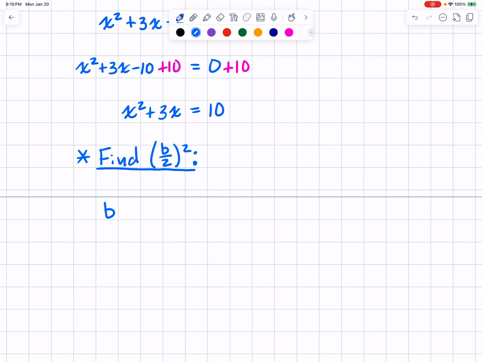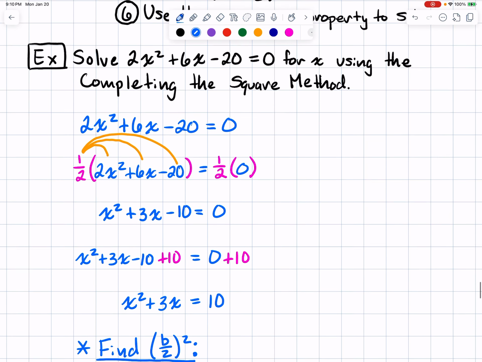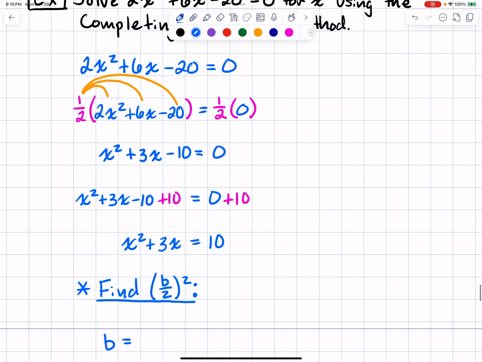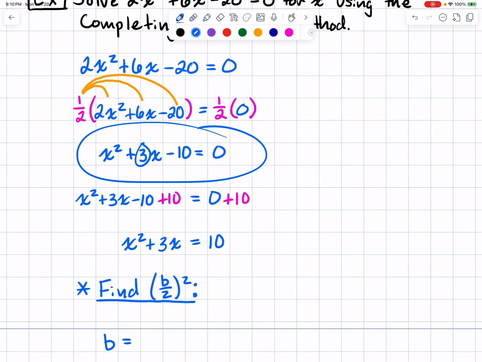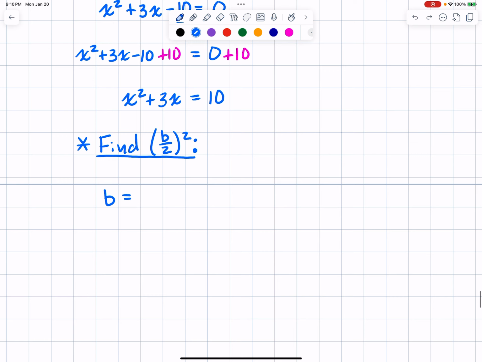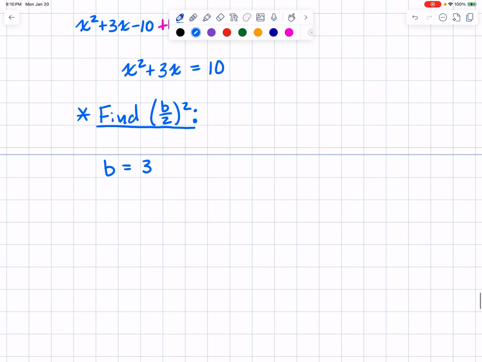So b, in our case, if we look up to the original problem, b from this problem is 3. So b is 3. So that means that b over 2 squared is 3 over 2 squared, which is 9 over 4.